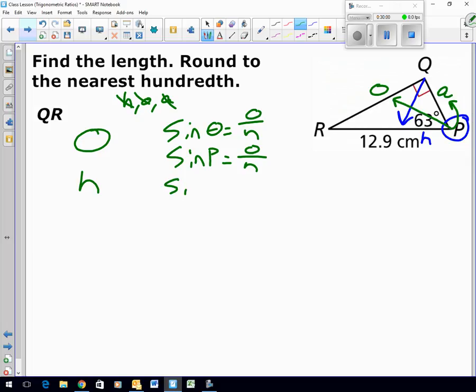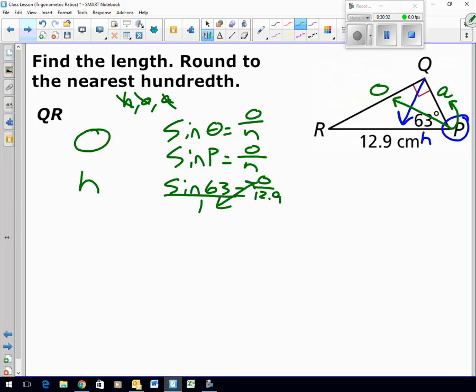The sine of 63 equals opposite, which we don't know, over hypotenuse, which is 12.9. Now, you wanted to have me review cross multiplying. No problem. I can put sine of 63 over 1, because I can create a fraction out of anything. Once I do that, it's just a regular old cross multiplication.